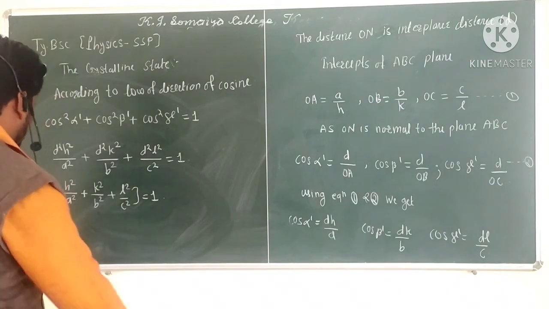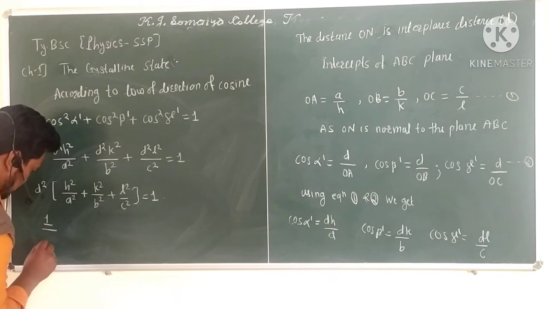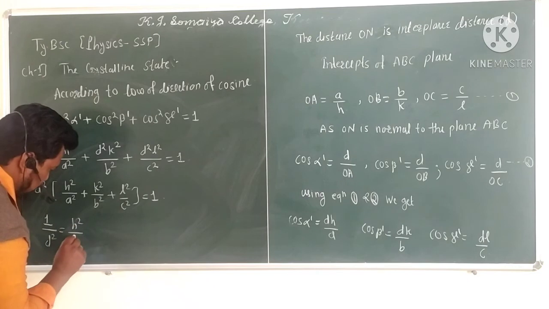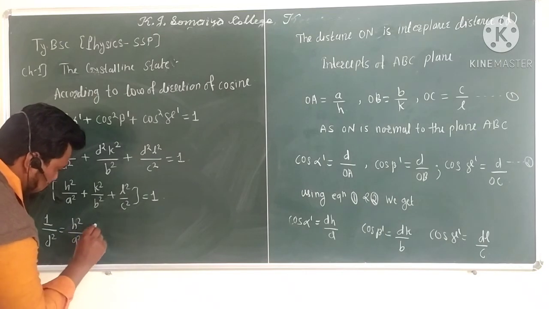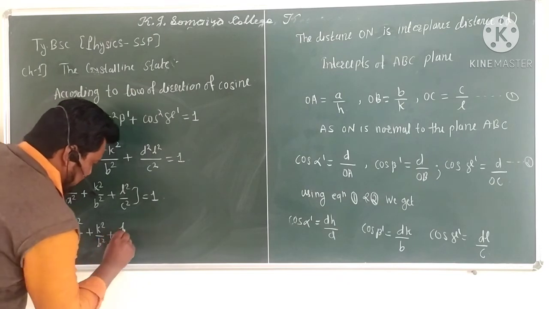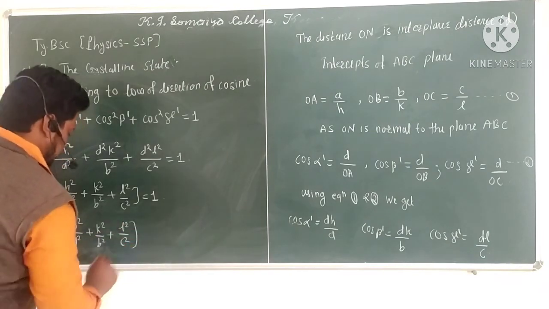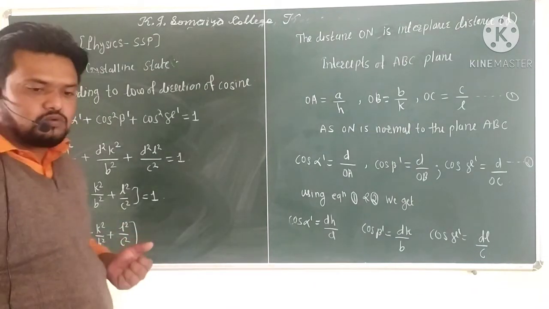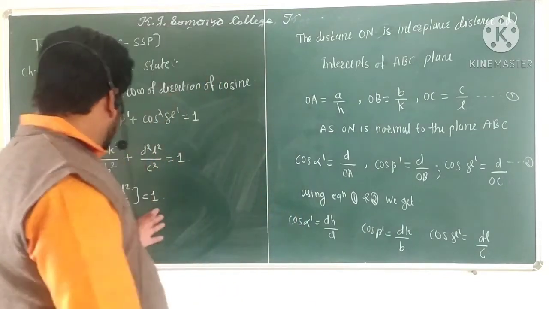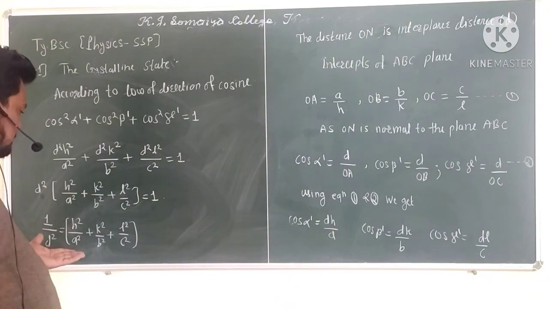So what happens here is that we get 1 upon d square equal to h square upon a square plus k square upon b square plus l square upon c square. And we want to calculate d, which is the reciprocal of this side.